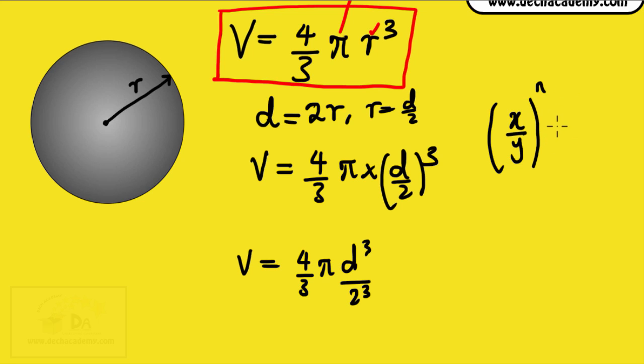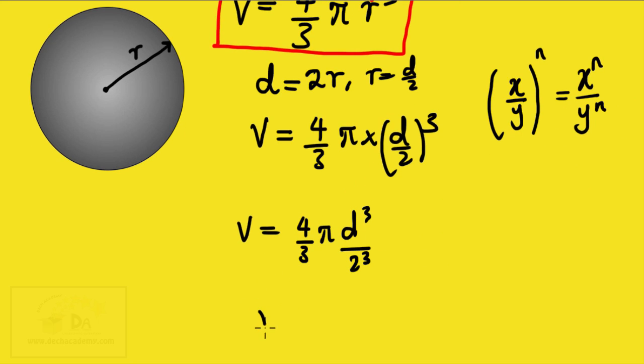An expression of this form, a fraction raised to a power, is equal to the numerator raised to the power divided by the denominator raised to the power, and that's what's been applied here. So d divided by 2 all cubed is equal to d cubed divided by 2 cubed. So volume is equal to 4/3 pi d cubed over 8. 2 cubed is 8.